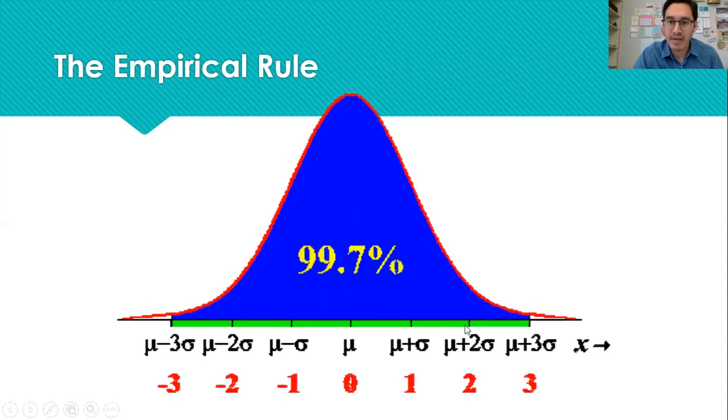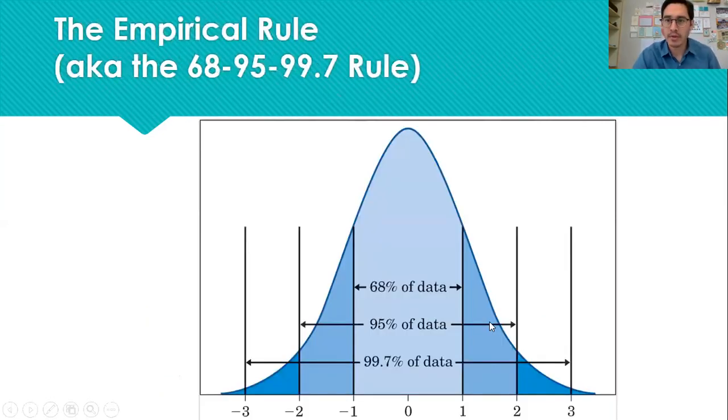And 99.7% of the data will fall between plus or minus 3 standard deviations of the mean. Some people call this the empirical rule. Other people just call it the 68, 95, 99.7 rule, because it helps them remember the percentages as we widen the interval around the mean.